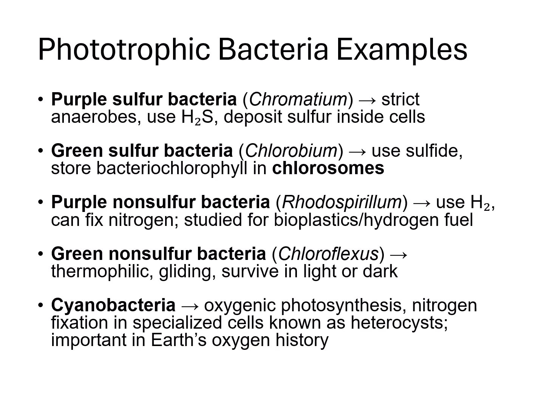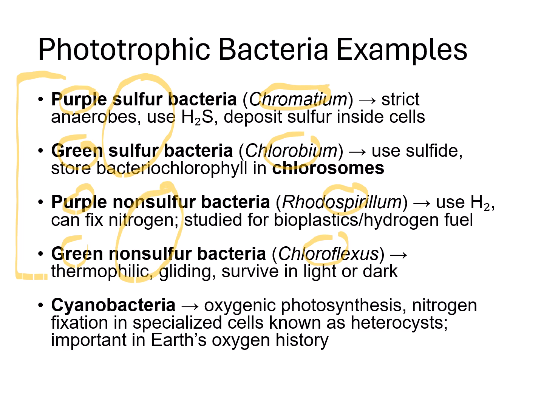For this section, you don't have to worry about the names that I've provided here. I just wanted to give you examples from our textbook. But look at the general categories shown here. You can see they're categorized based on their color, so what color they appear based on the pigments they have, and whether they use sulfur compounds or non-sulfur compounds or molecules as their electron donor.